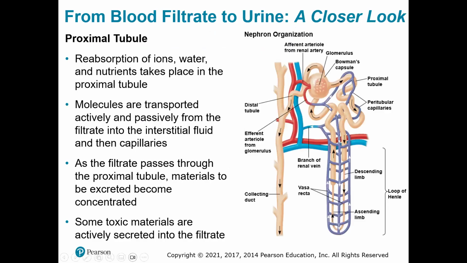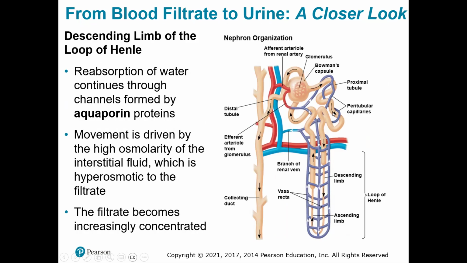So in the proximal tubule, that's this part here, proximal, you get reabsorption of ions, water, and nutrients. They're transported actively and passively. And then what happens is that as the filtrate goes through, it becomes more and more concentrated. Then you've got the descending loop of Henle. In the descending loop, you actually have reabsorption of water.